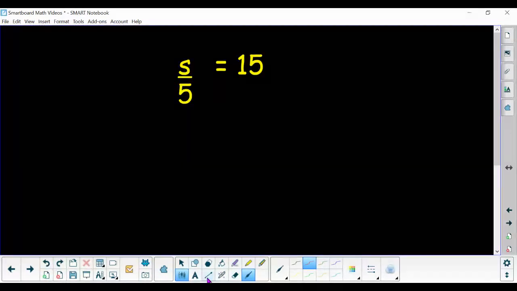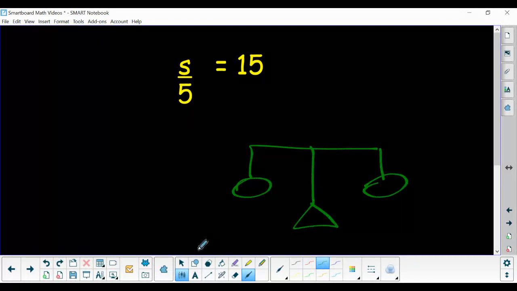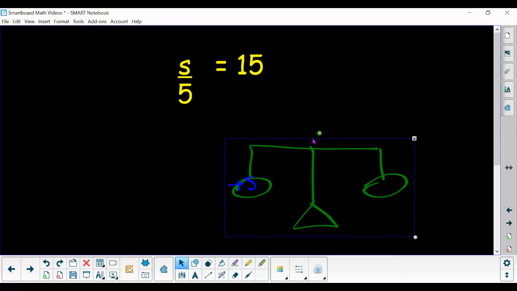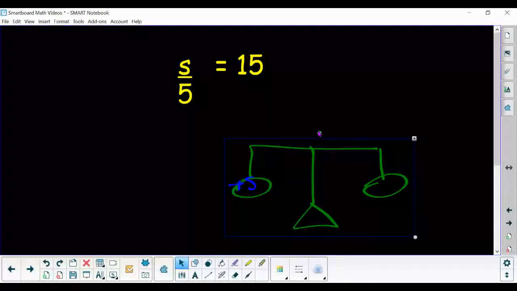Okay? The way I solve equations is I consider it like a scale. So let me draw a scale real quick. Okay, so when you have a scale, you've got to make sure that both sides are balanced out. And the middle part of the scale, I consider the equal sign. If you add 5 pounds to one side of the scale, keep in mind that if you don't add it to the other side, it becomes unbalanced.